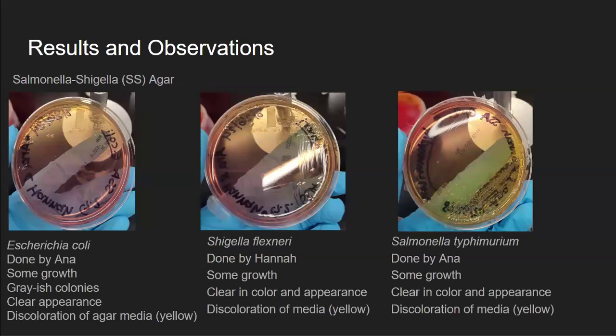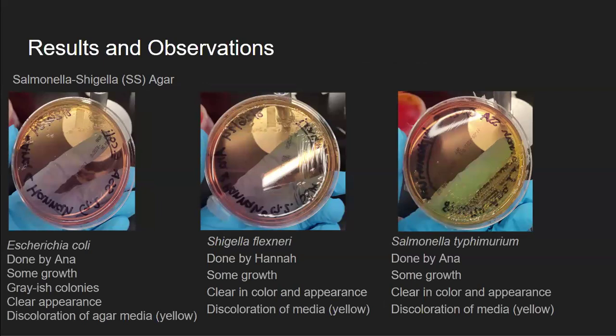Salmonella shigella or SS agar. For Escherichia coli, there was some growth of grayish colonies with a clear appearance, which also caused a discoloration of the agar media to yellow. Shigella flexneri, there was also some growth, but it was clear in color and appearance, and it also discolored the media to yellow.